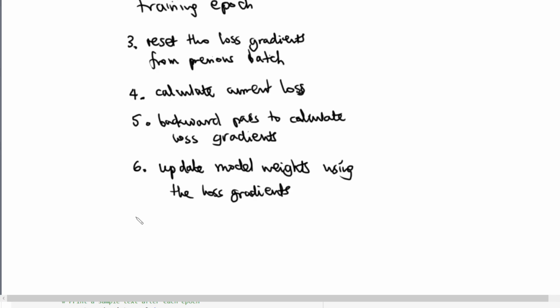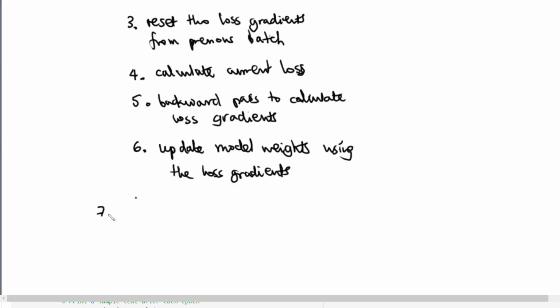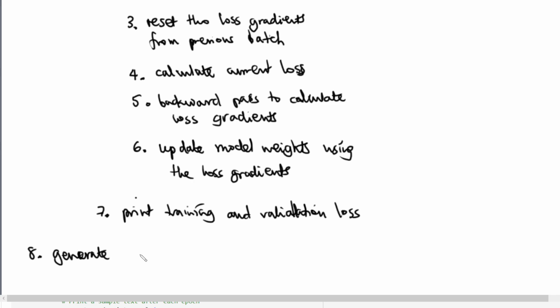But let's see. I think the best will be putting 7 here so that we print training and validation losses. The reason I'm trying to build it like a step is as if we're writing code. And then 8, we generate simple text for visual inspection.